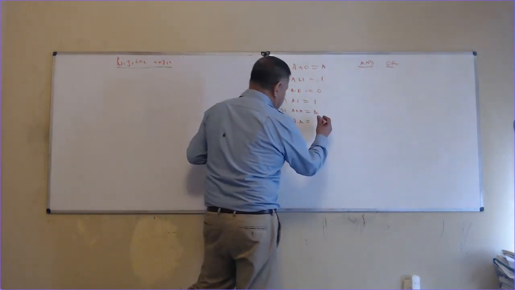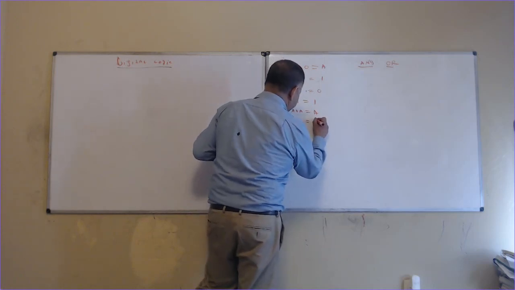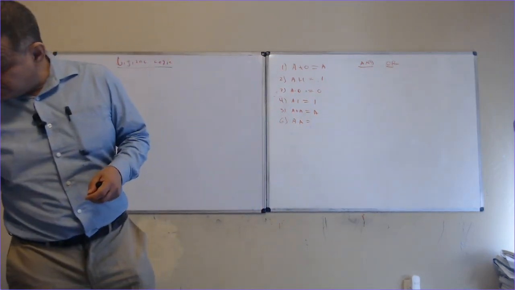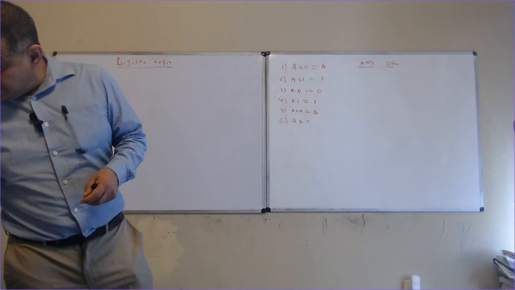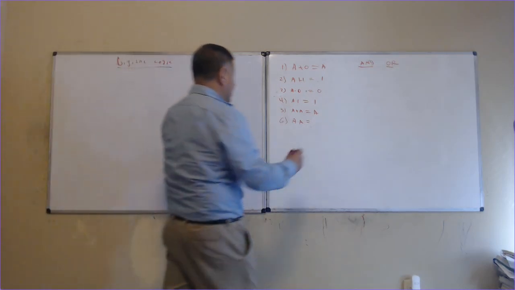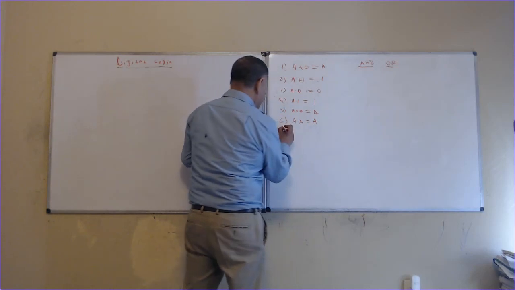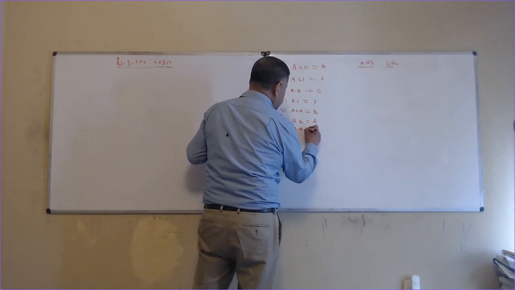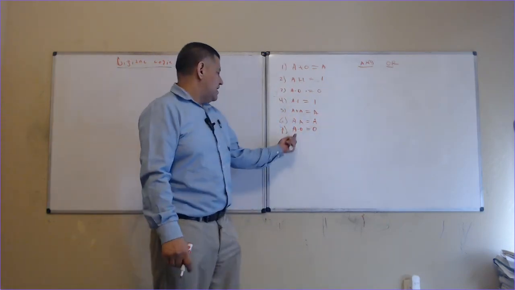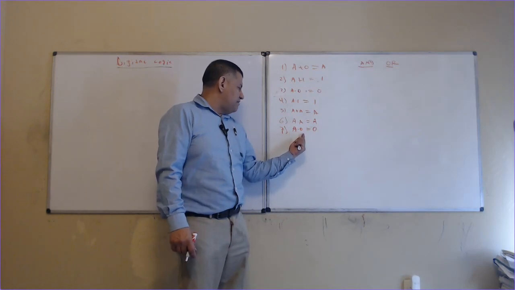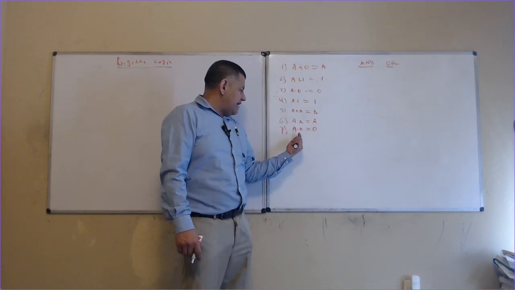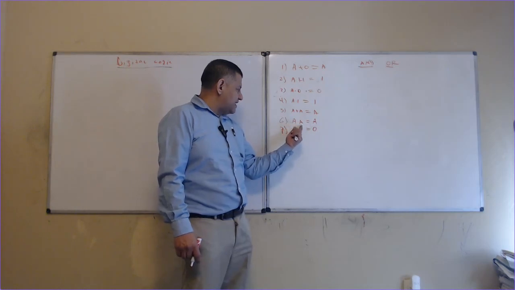So this is equal to A, right? So that is equal to A, according to the rule. And then number 7 said that A and 0 is equal to 0, right? If this was B, male and female, and you have male and male, for example, you want to do the A's and A's are equal.